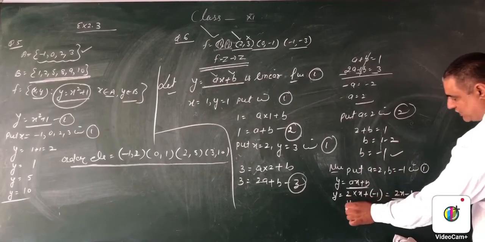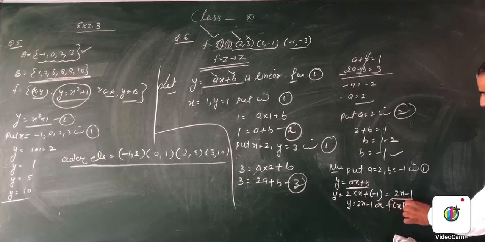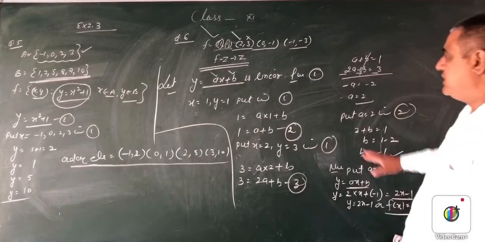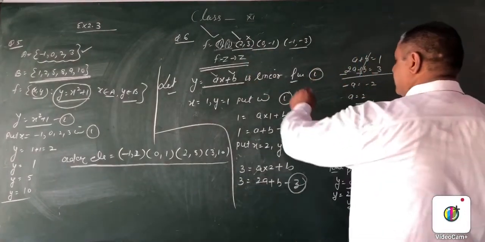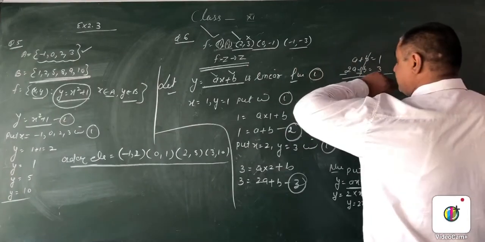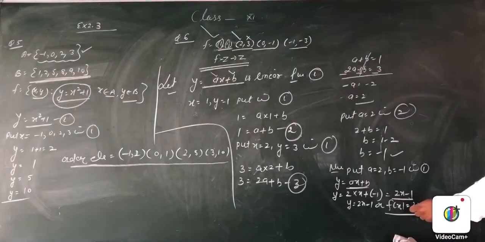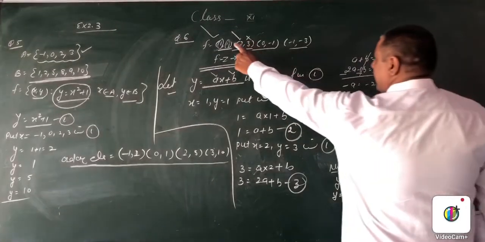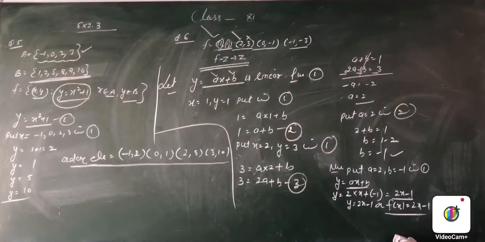So y = 2x - 1 or f(x) = 2x - 1 is the linear function in which the mapping values are found. If we check it, put x = 1 in this function: 2 multiply 1 minus 1, we get the value 1. If we put 2 then we find the value 3. This is your question number 6.